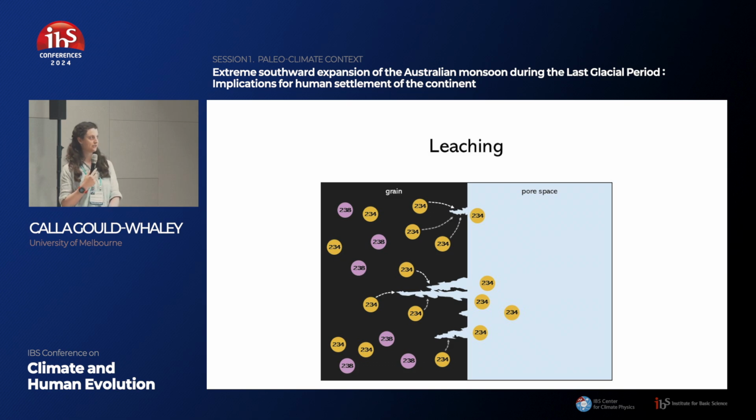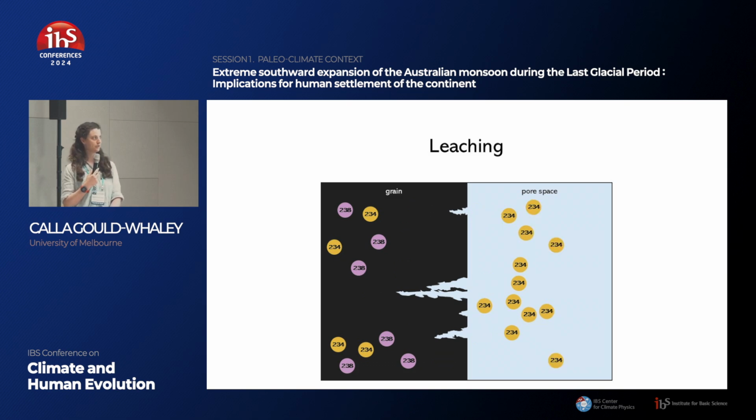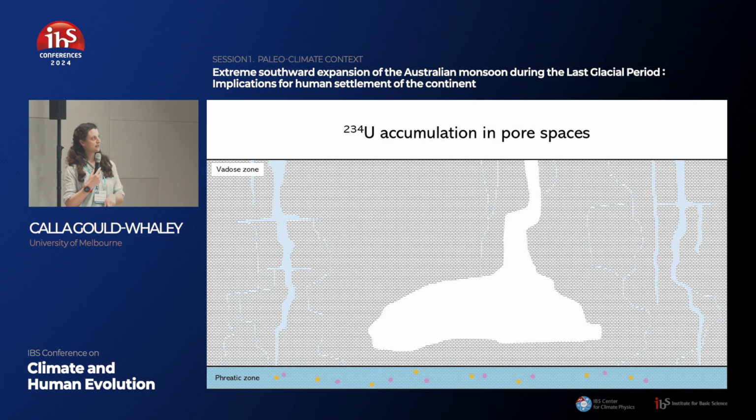We can also have leaching of the 234 into the pore space via the damaged crystal lattice. So if we think of our whole groundwater system, we've got our vadose unsaturated zone and our saturated phreatic zone. In a period of limited groundwater recharge, we have the accumulation of 234 in the pore spaces in the vadose zone.